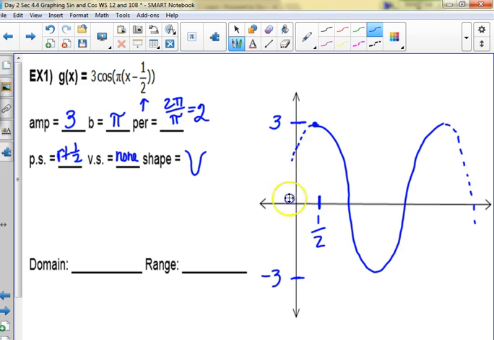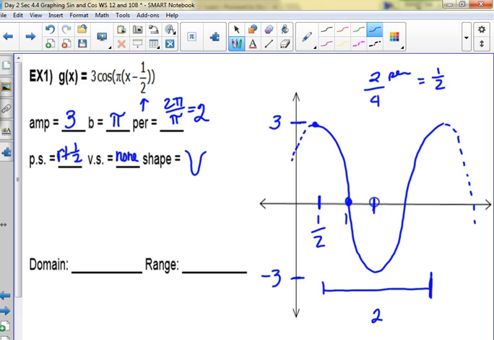Okay, I don't know where it's crossing here. I got to think about that in a minute. But what is the entire length from here to where it ends? It's supposed to be 2. Okay, what do we always do to that to find quarter points? Take the period divided by 4, which is 1/2. So what does that mean? We started at 1/2. We have to add a half onto that to get the next quarter point, which would be 1.